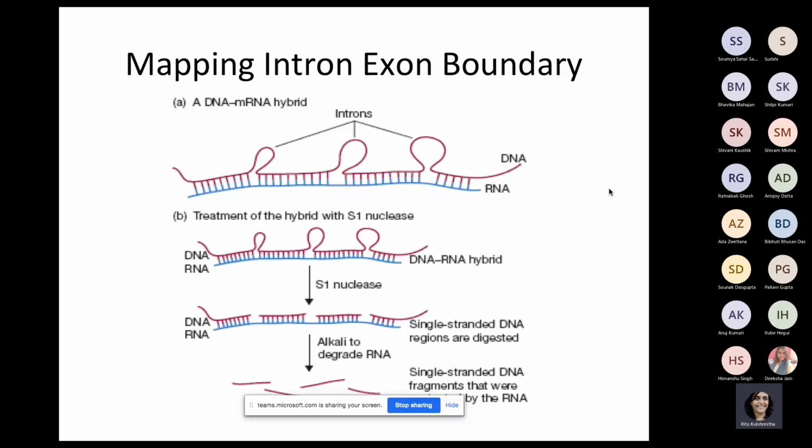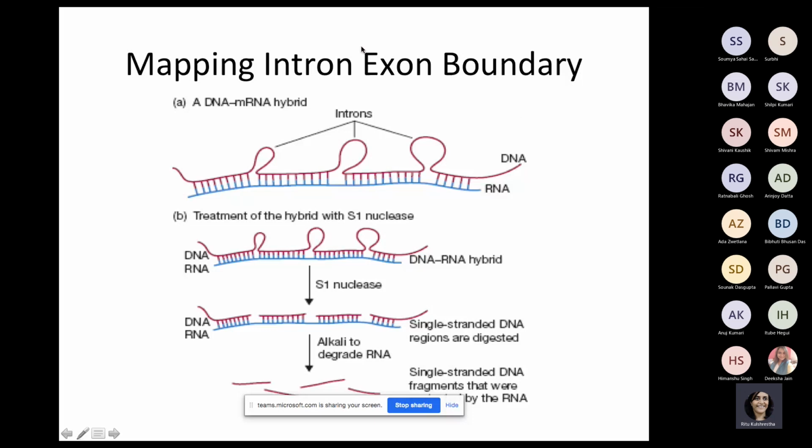But there are other methods also. One is based on S1 nuclease. If you remember, in my early classes I told you that this enzyme cleaves single-stranded nucleic acid, be it single-stranded DNA or single-stranded RNA.